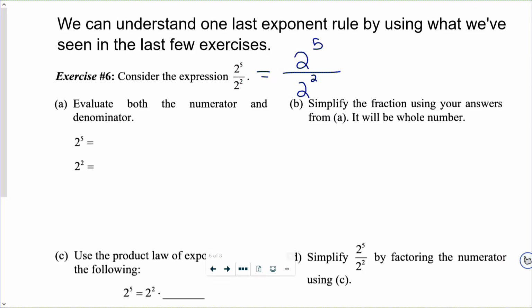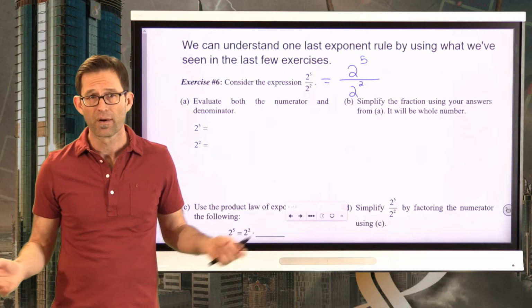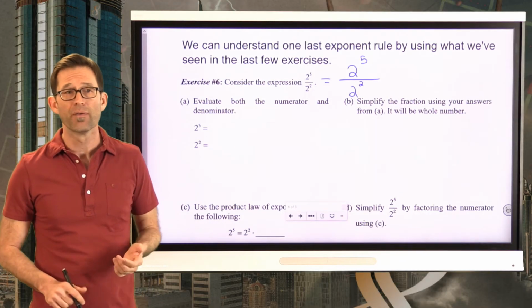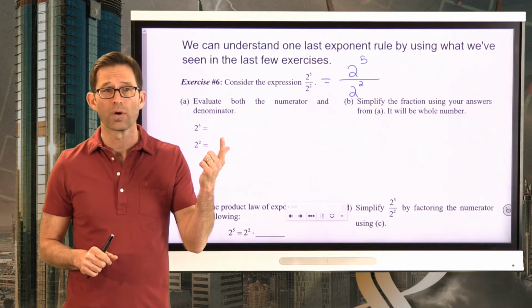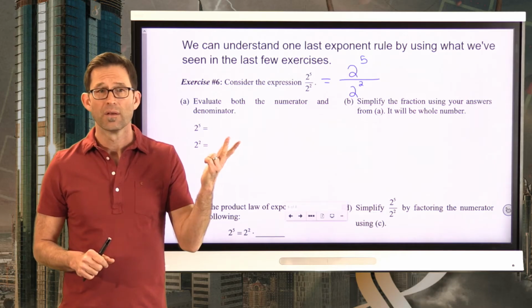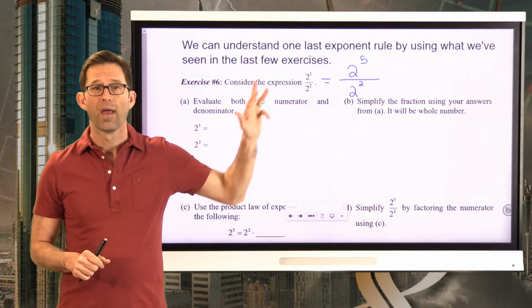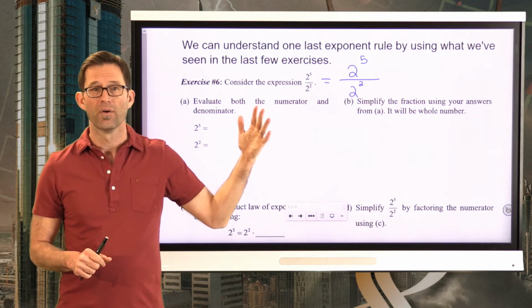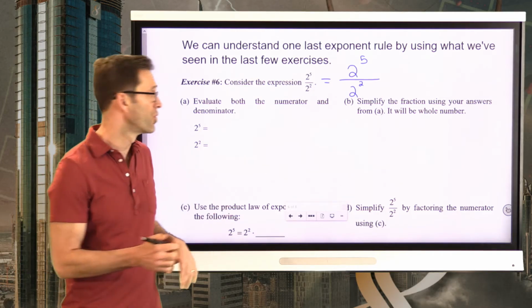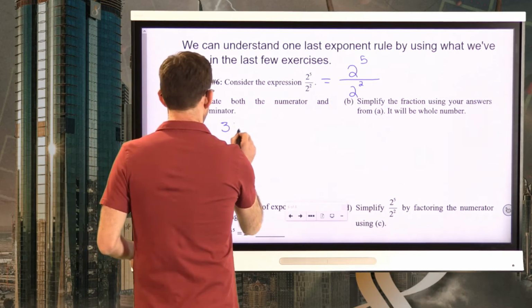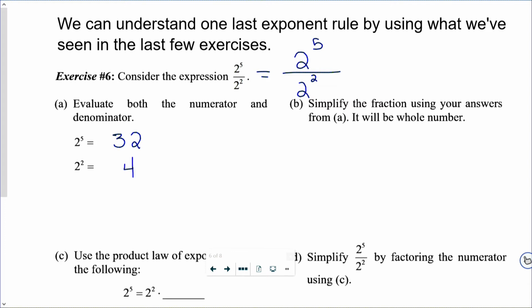Now, letter A just says evaluate both the numerator and the denominator. So I actually want to know what they're equal to. All right. So the numerator is 2 to the 5th, which is 2 times 2, that's 4, times 2 is 8, times 2 is 16, and times 2, there we go, is 32, right? That's 32. And 2 to the 2nd is 4.